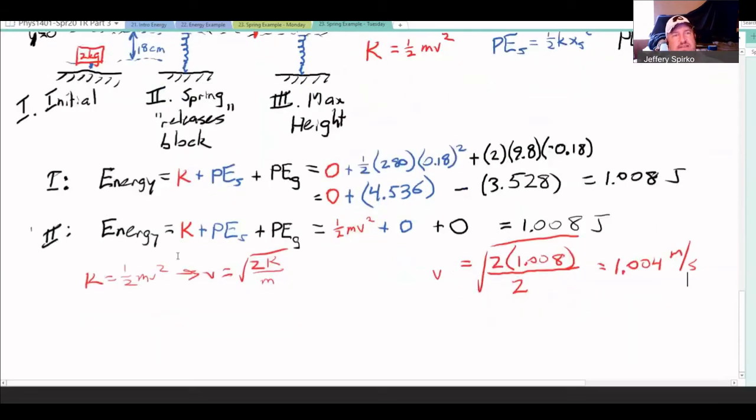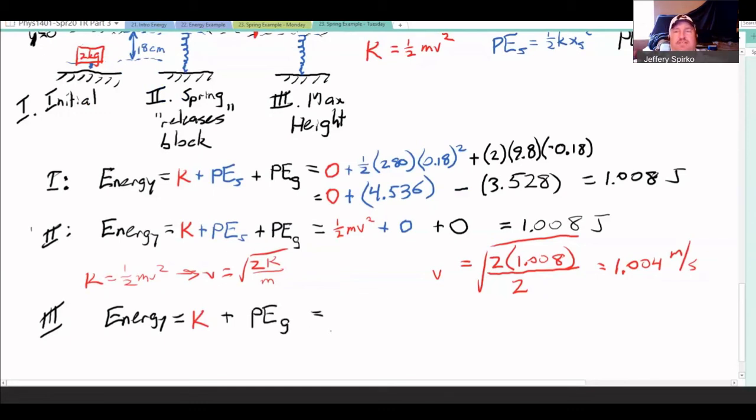So now let's look at state 3. And this will about wrap it up. Energy is equal to, in state 3, we're going to have K energy. And in state 3, the spring is no longer an issue. We can skip the spring.